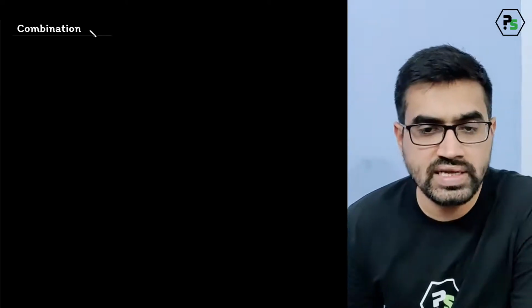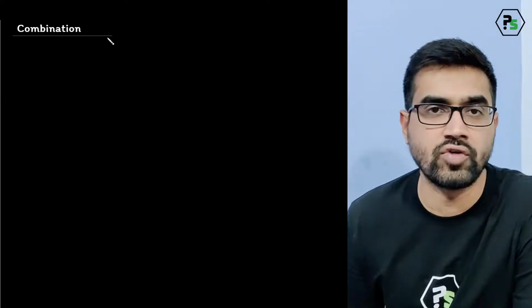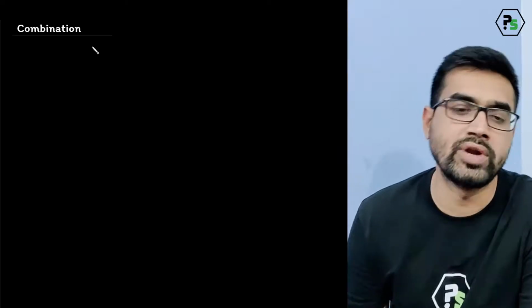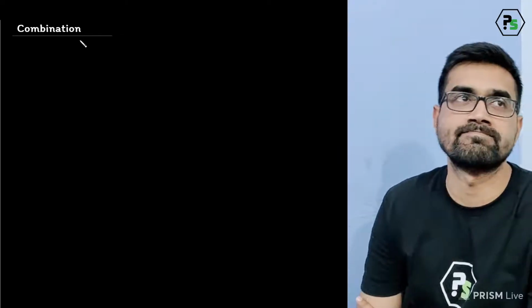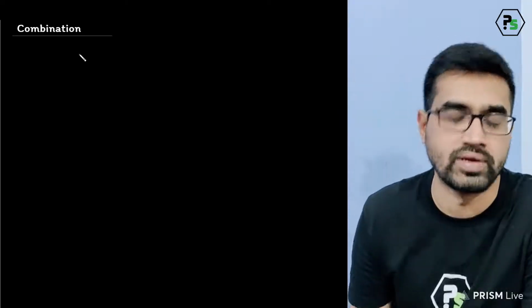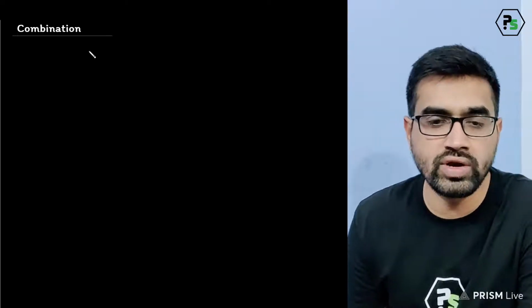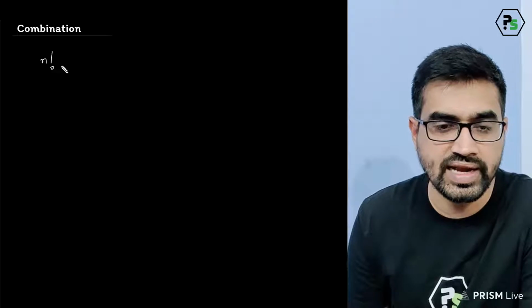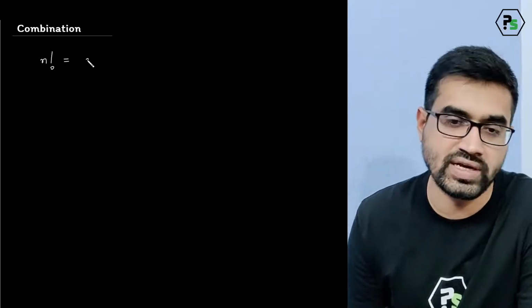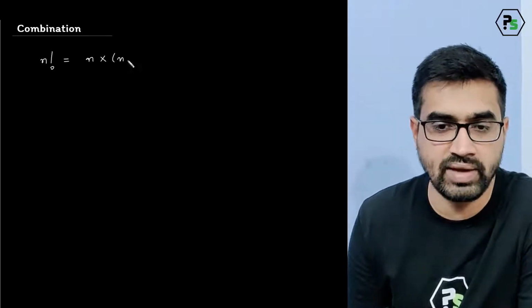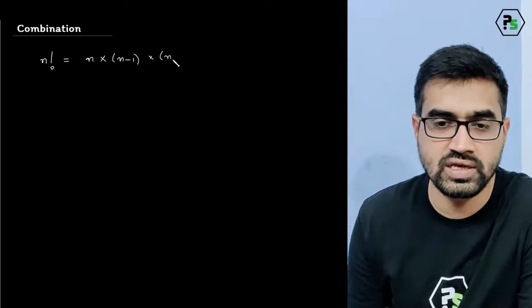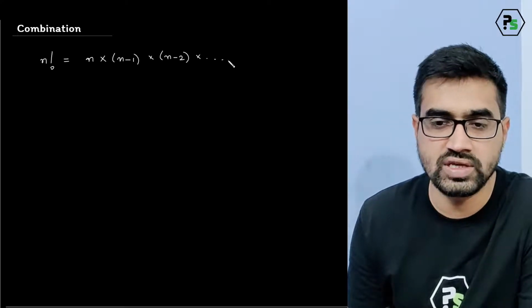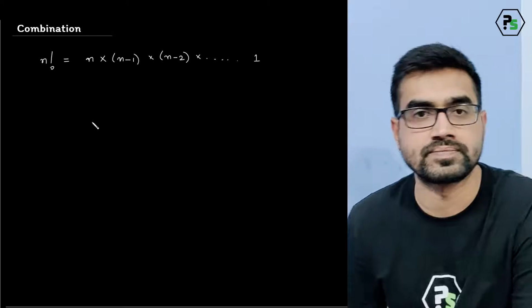So combination is considered to be an extension of that part. If you know permutation, understanding combination is simpler. Also, you have to remember the factorial notation. So I'm just recalling that n factorial is simply n times n minus 1 times n minus 2 and so on till you reach 1.